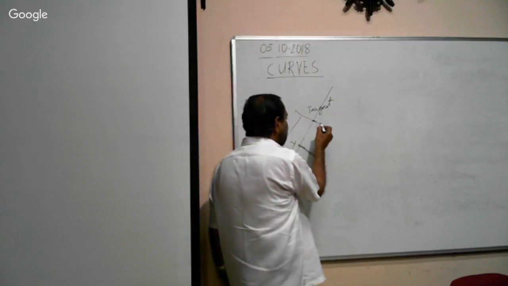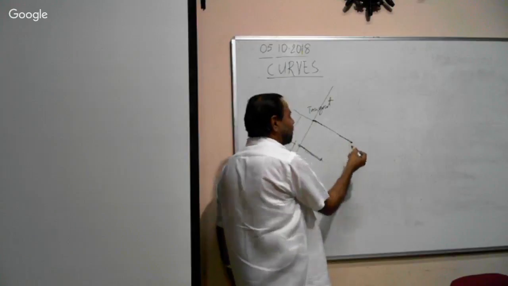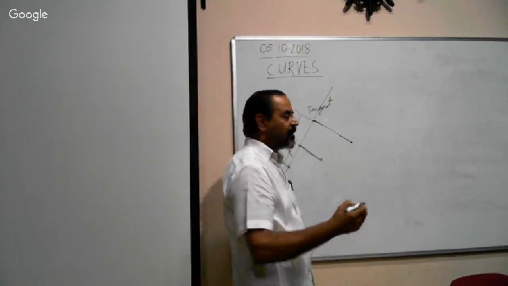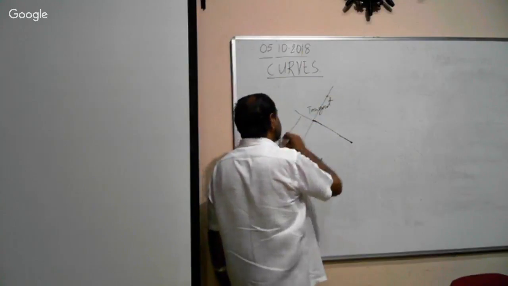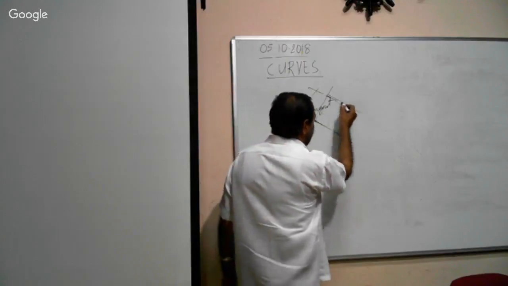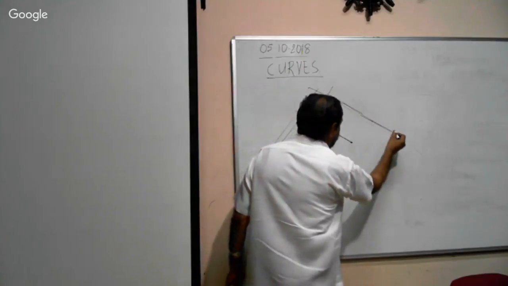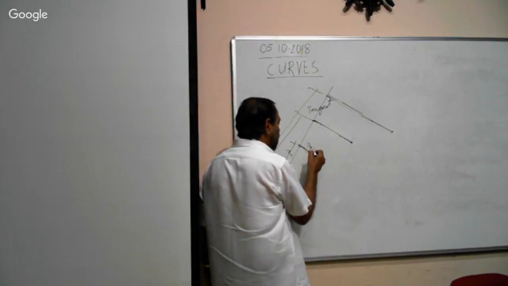Now, for the calculated offset, draw another perpendicular. Similarly, for another calculated distance, draw another perpendicular for the calculated offset. Now, this is Ox1.